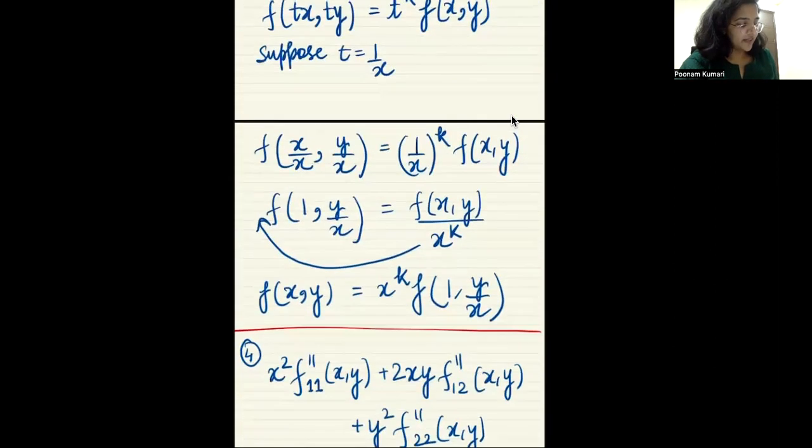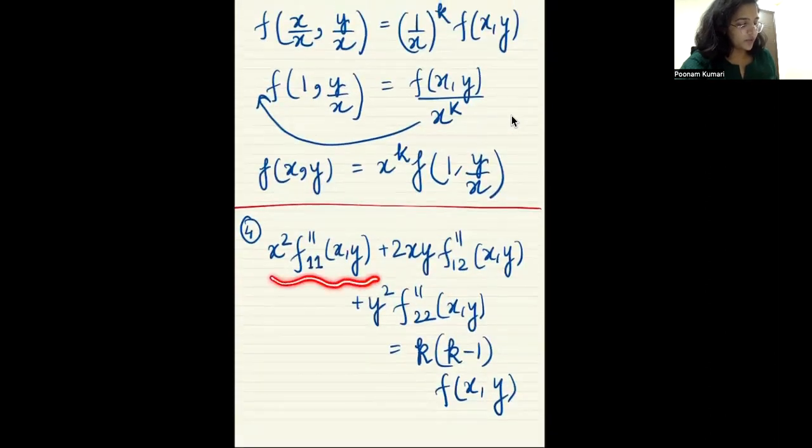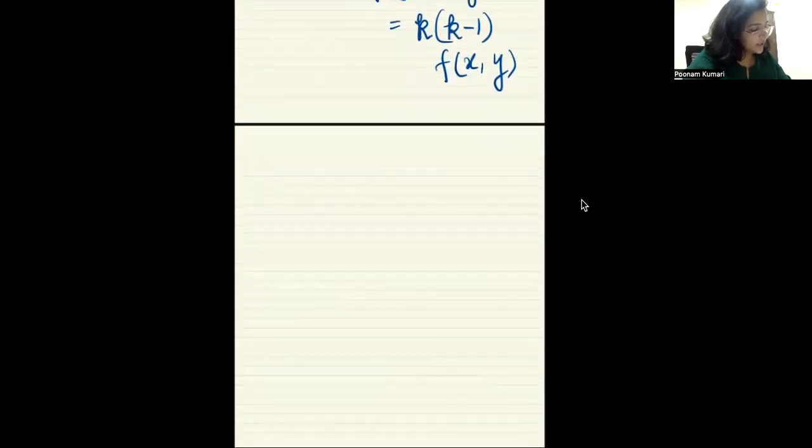And finally, one property talks about the second order partial derivatives. Are we clear till this point? Yes, ma'am. Okay. So let's try and verify each of the properties in detail for a function.